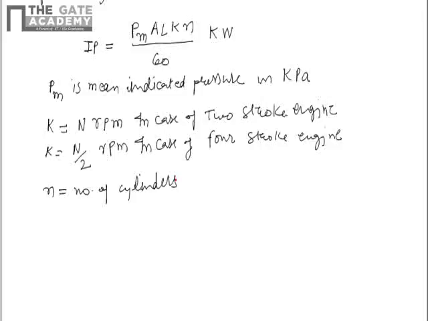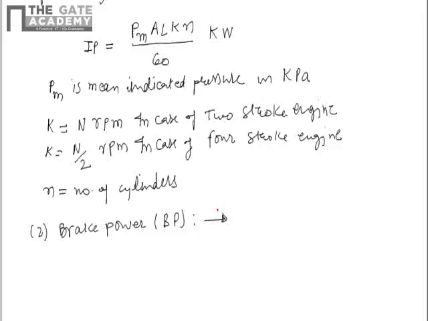Now let's talk about brake power, denoted by BP. We have discussed indicated power, which is generated inside the cylinder. But the actual power we get at the crankshaft is useful for our work.